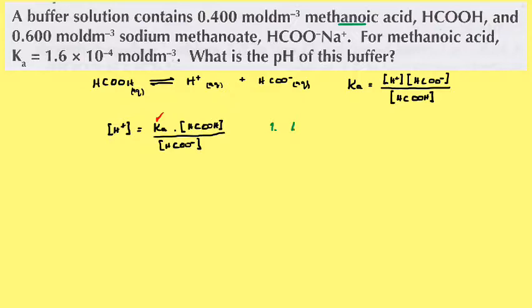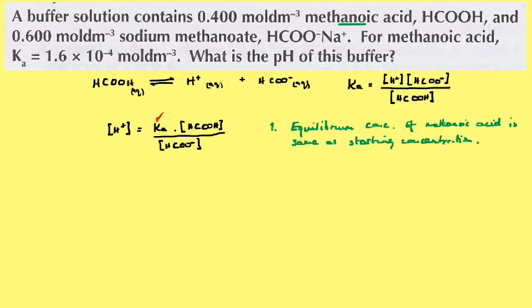The equilibrium concentration of methanoic acid is the same as the starting concentration. That's the assumption we're going to make because it's so weakly dissociated.